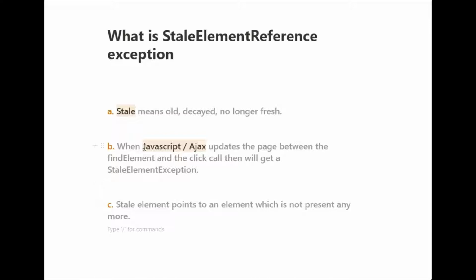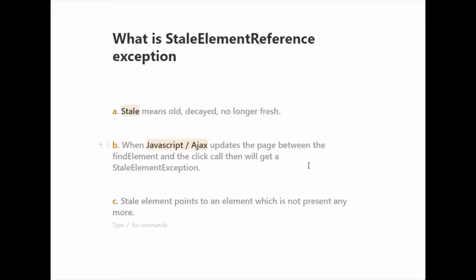What do JavaScript and Ajax call mean here? An Ajax call allows a web page to retrieve a small amount of data from the server without reloading the entire page. Whenever an Ajax call happens between when you locate the element using find element and when you try to perform any Selenium action on that element, then stale element reference exception occurs.